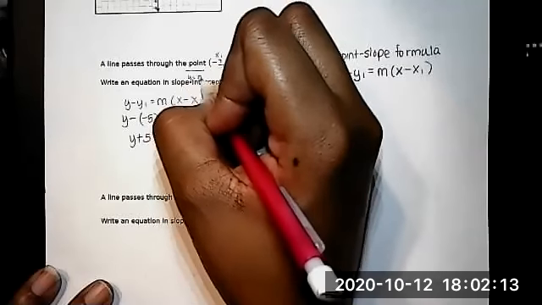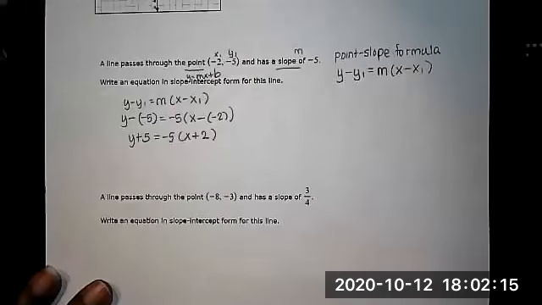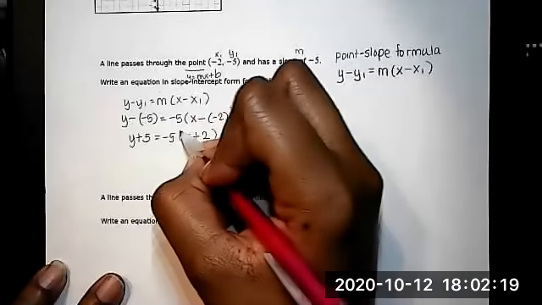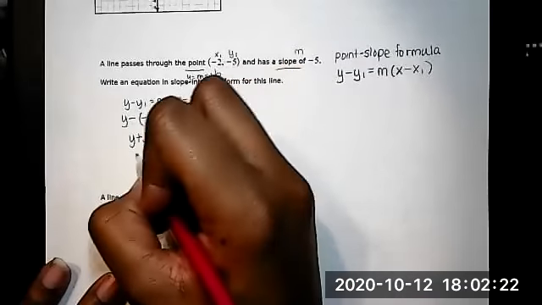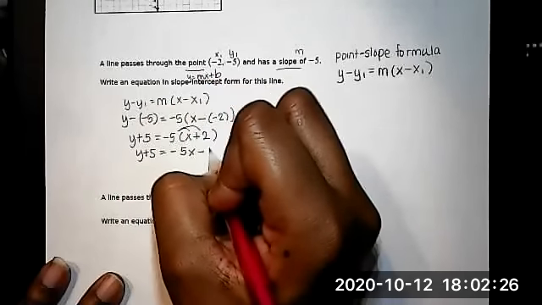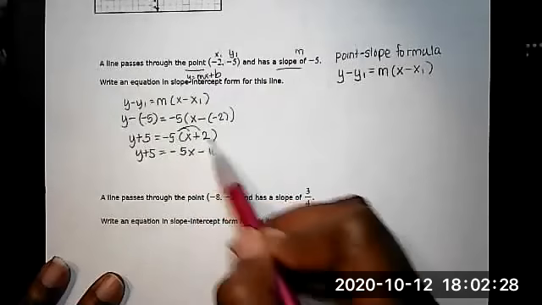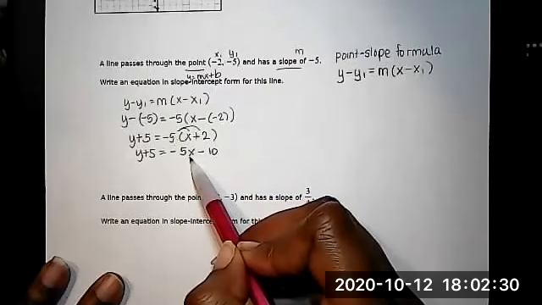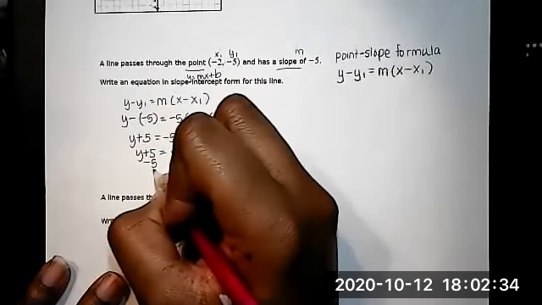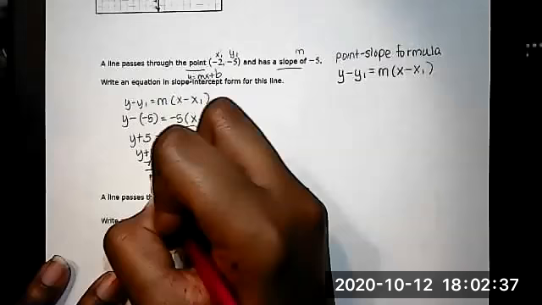Okay? And they want it in slope-intercept, which is what? Y equals mx plus b. So you need to get y by itself now. Okay? Get y by itself. So I'm going to distribute. This now becomes -5x minus 10, because it's -5 times 2, that's -10, -5 times x, -5x. And then, of course, I'm going to subtract 5 because I'm trying to get y by itself.